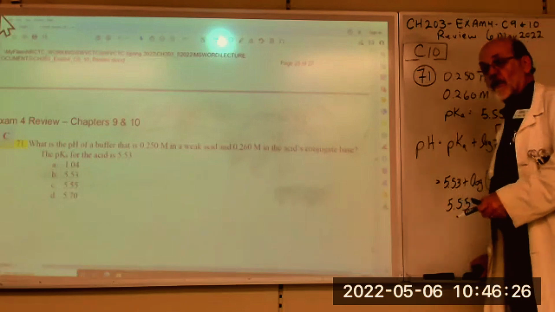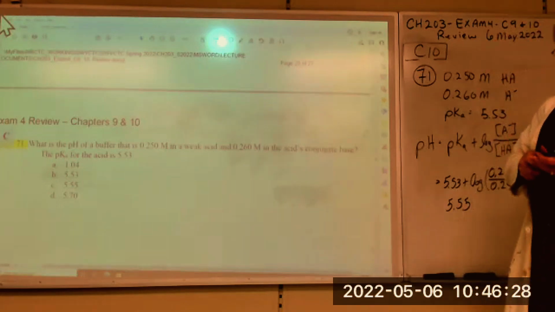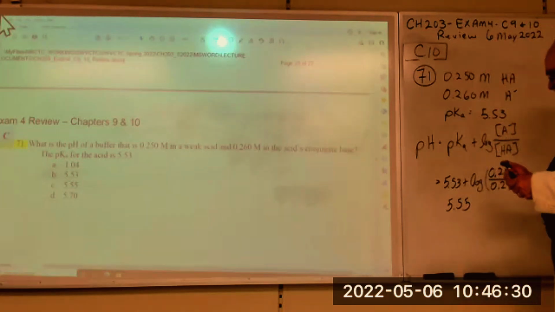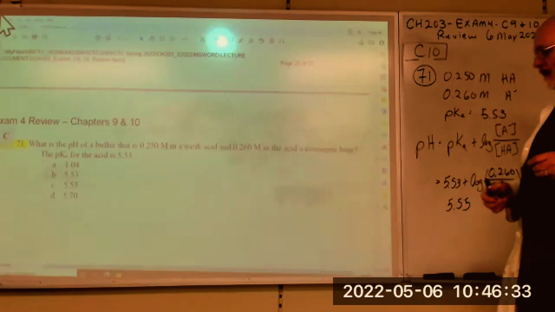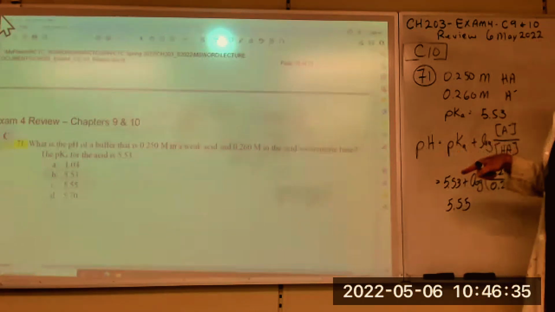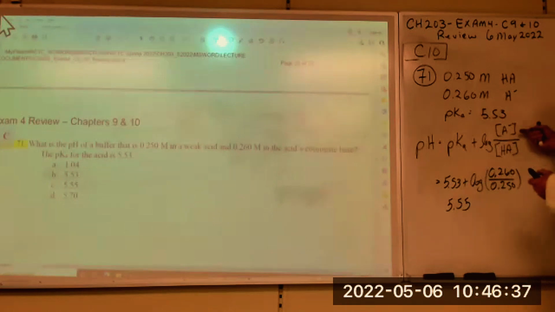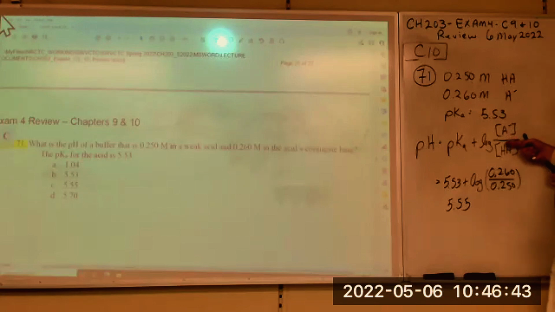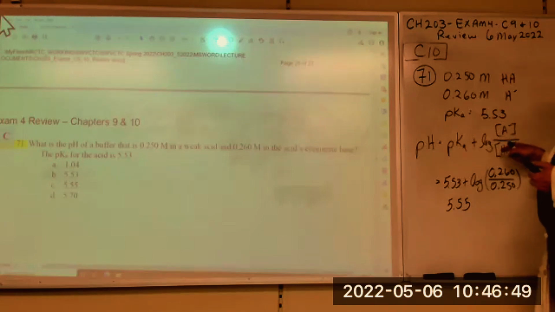And that's typical for buffers. The best buffer pH is going to be the one that's closest to the pKa. Because if these values are equal to one another, the conjugate base to the acid, what does that give you? Log of 1.